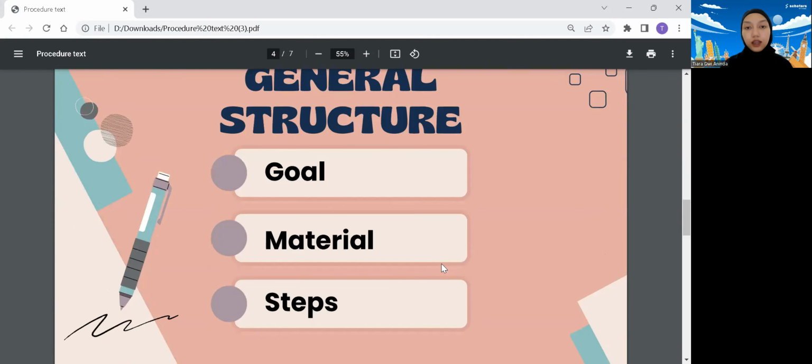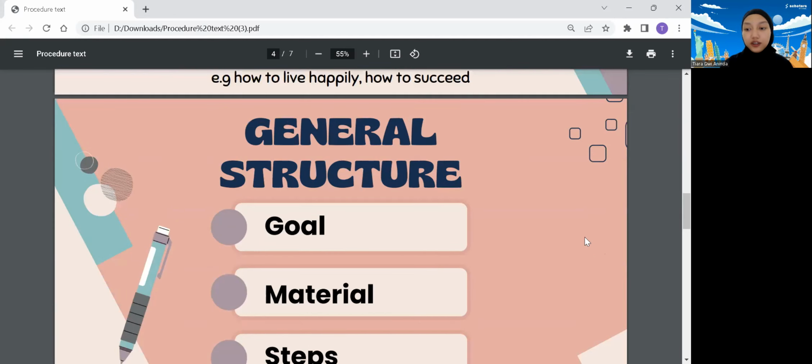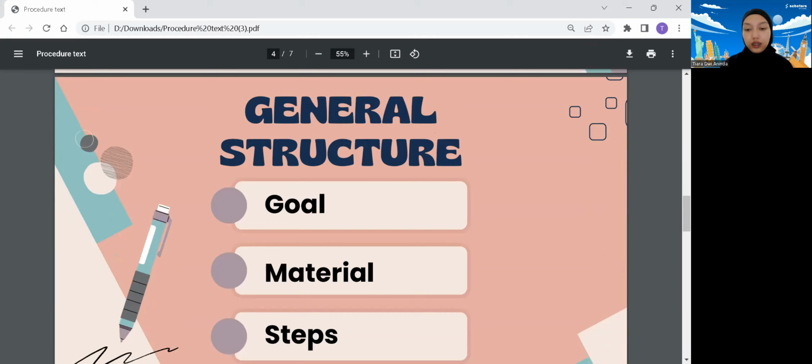The general structure of the procedure text contains three things. Procedure text typically consists of three parts. The first is the goal or aim. This part contains the purpose of making or operating something. The second one is material or equipment.